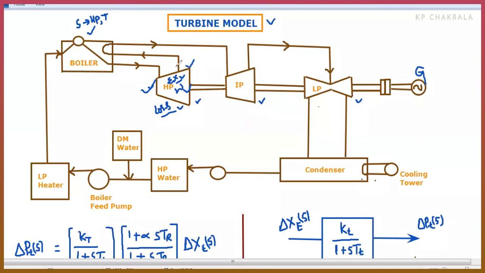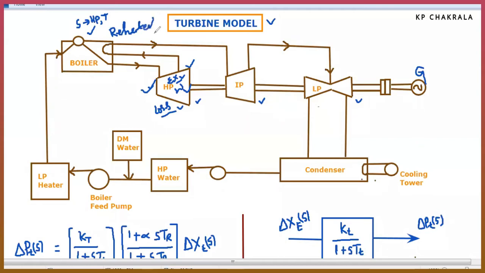Hence, to overcome this problem, after the work is done inside the high pressure stage turbine, the steam with low pressure and temperature is passed through the tubes into the boiler, where it is reheated.